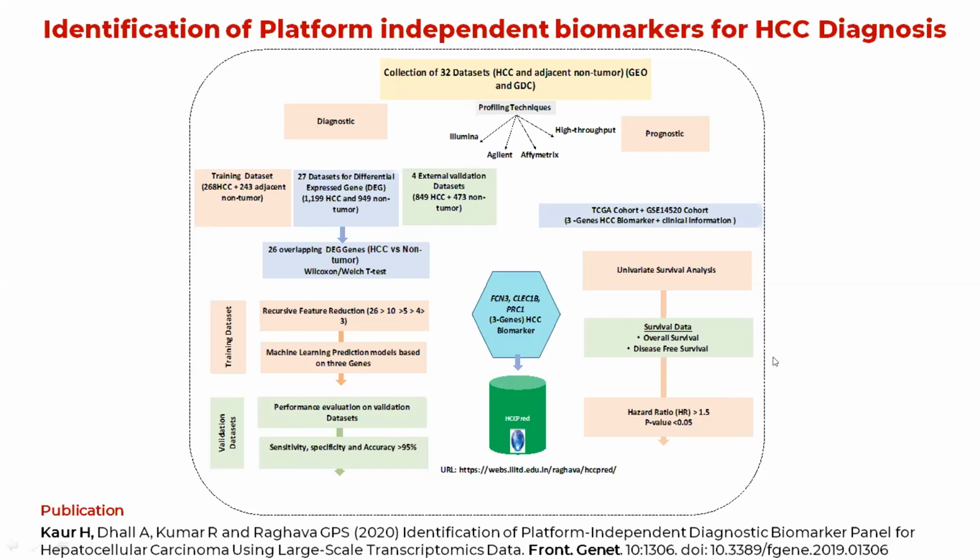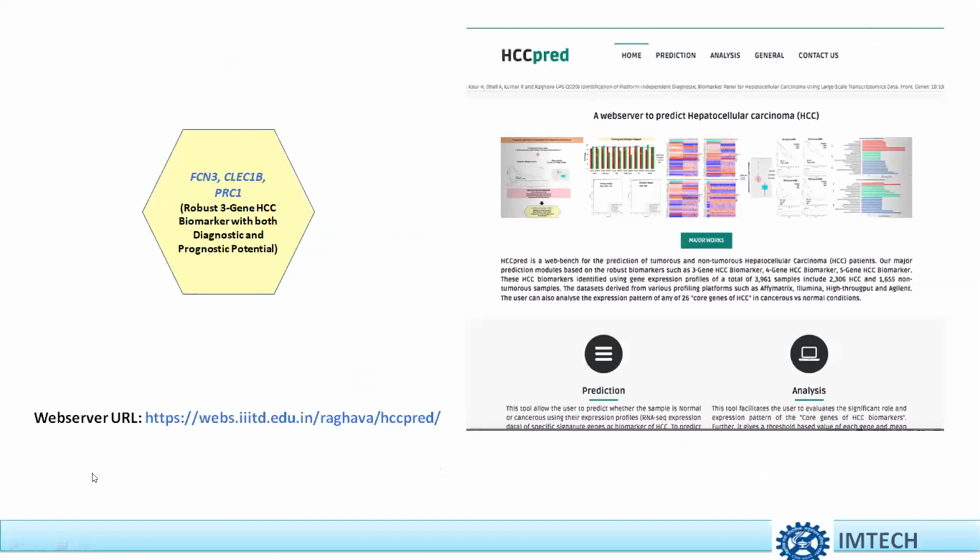Eventually, all these prediction models were integrated in the form of a web server that is called HCCtrack. This paper was published in January 2020 in Frontiers in Genetics. And this is the web server where we have integrated all these prediction models to predict the HCC sample, that is called HCCtrack.